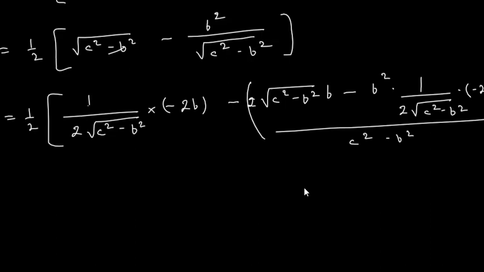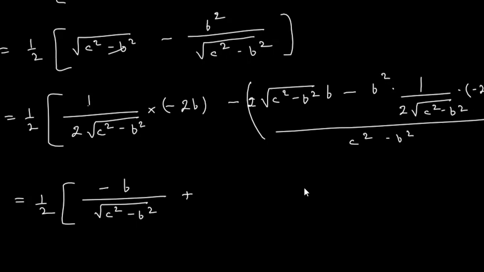So we simplify this further. This is half, this 2 will cancel, so it is minus b upon root of c square minus b square.